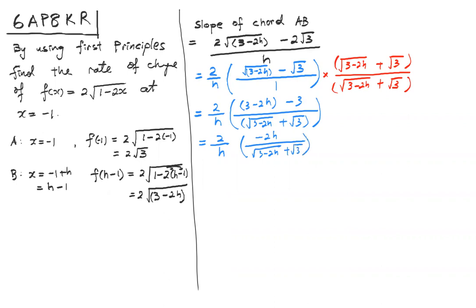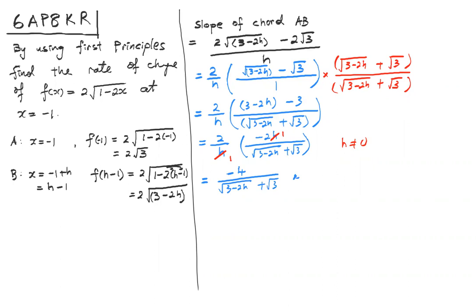Close. h cannot be 0. So I can cancel off the h. Am I right? So now I've simplified it. Negative 4 divided by square root of 3 minus 2h plus square root of 3. If anyone doesn't want to write this step, it's fine as well.